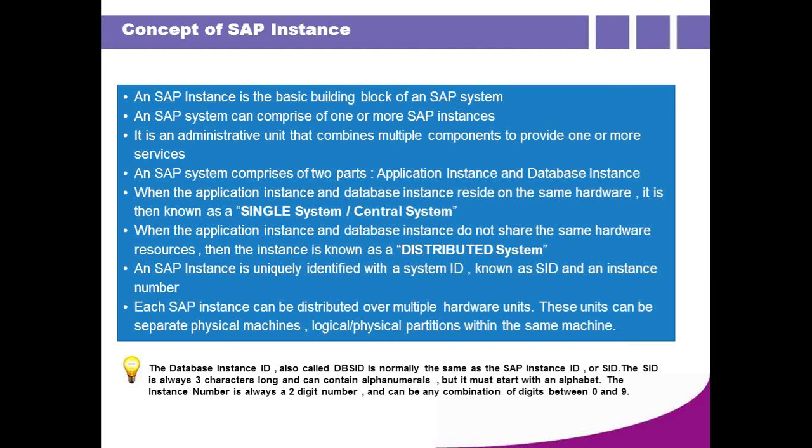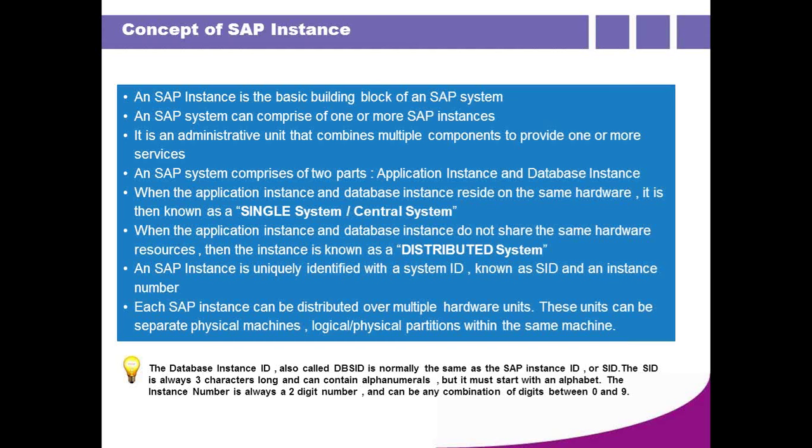That kind of setup is called single system or central system configuration. Okay, nothing but one tier configuration, or even 2 tier also we can treat as single system or central system. But in 3 tier configuration, what we have seen, the presentation layer is separate, the database is separate, and SAP is separate.